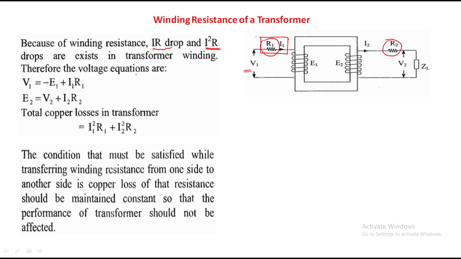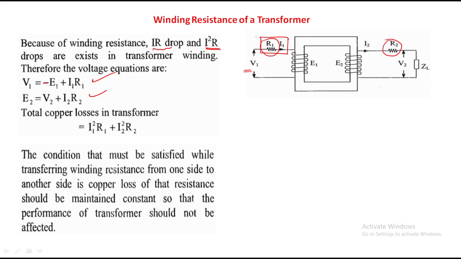Therefore the voltage equations, from this primary loop and from this secondary loop, what is the voltage balance equation? So this is V1. Why is it a negative sign? This corresponding self-induced EMF opposes the supply voltage. That's why V1 should be equal to minus E1 plus the drop in the primary winding.